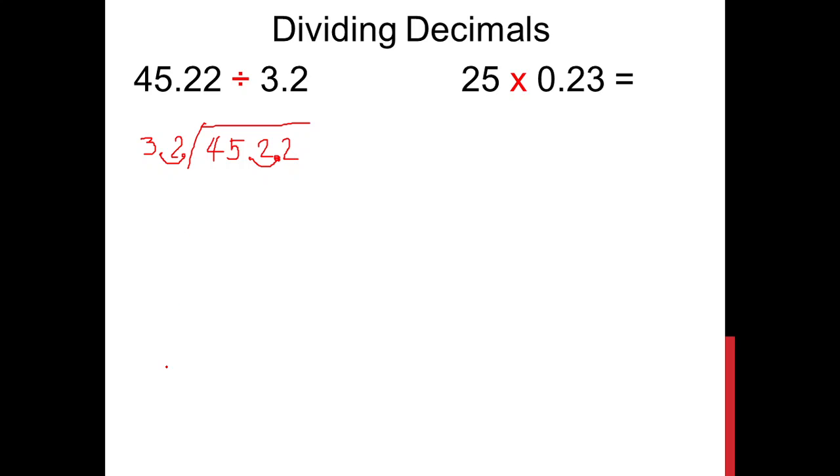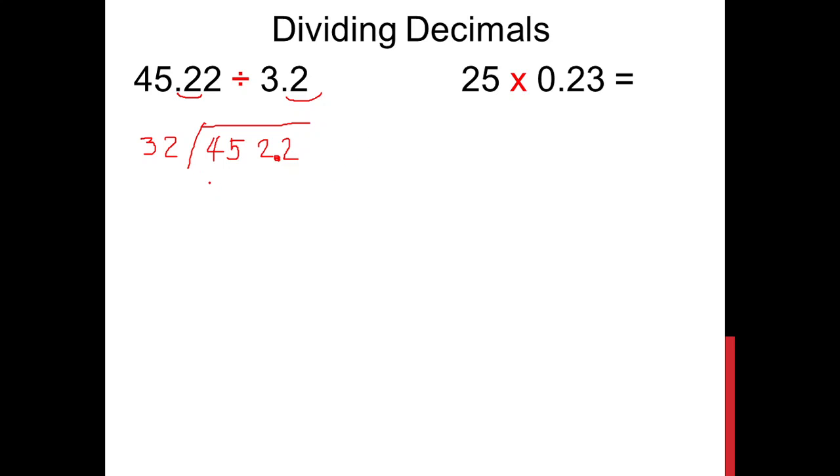Okay, so let's just write it here. Let me erase the old decimal point here, and also this one. Okay, so our divisor now is a whole number, which is 32, and our dividend becomes 452.2 instead of 45.22. It becomes 452.2 because we move the decimal place one step going to the right.